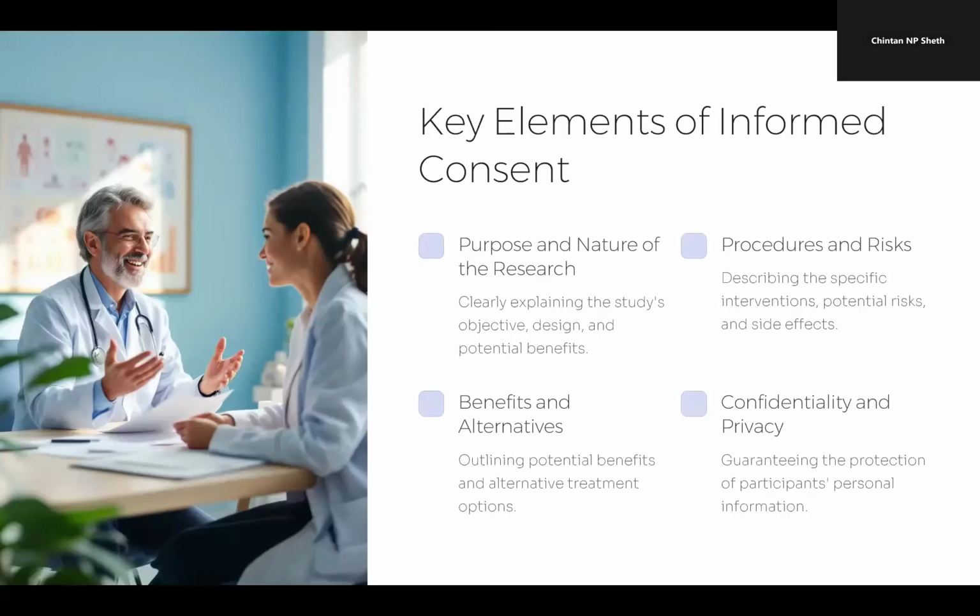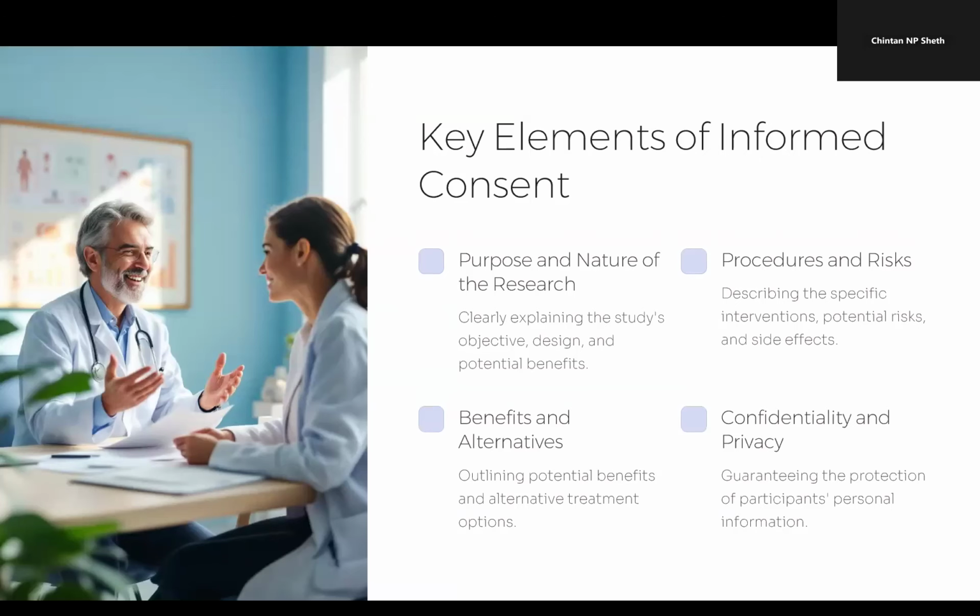Moving forward, let's understand the process of informed consent. And it starts with what's there in the informed consent, the key elements of informed consent. The first and foremost, it must reflect the purpose and the nature of the clinical trial the participant is going to be enrolled in.